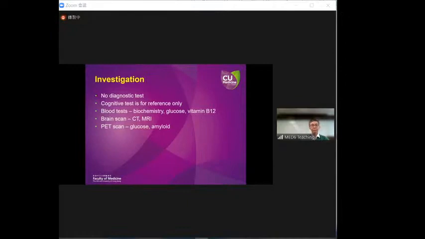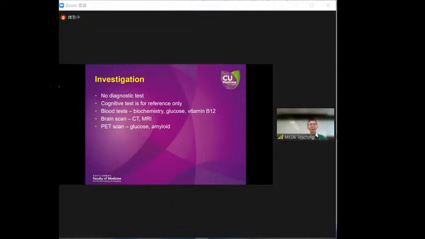We normally do a brain scan. CT scan will help to exclude other causes of dementia, for example, brain tumor, stroke, normal pressure hydrocephalus, but it does not give you accurate information about cerebral atrophy or small vessel disease.